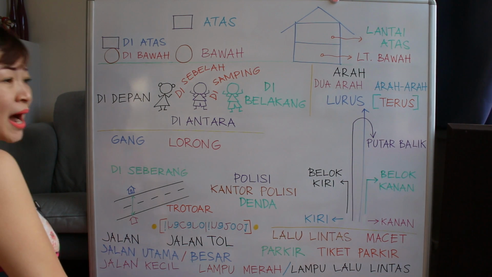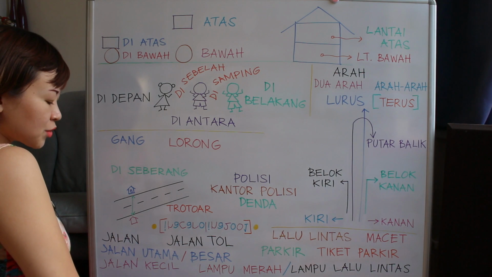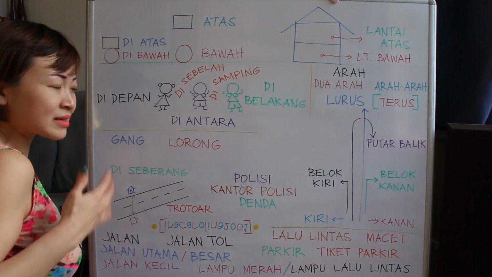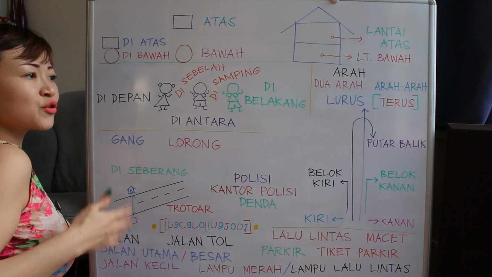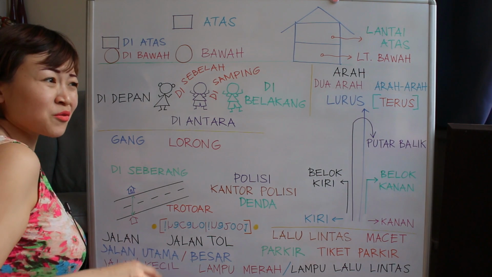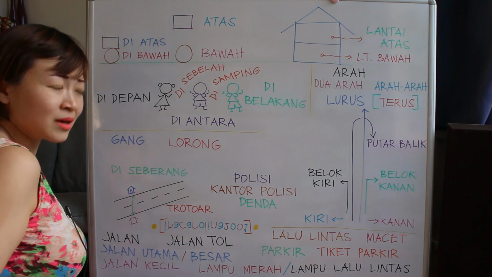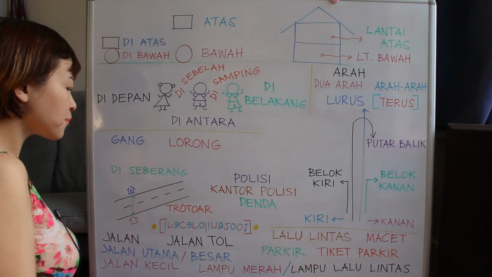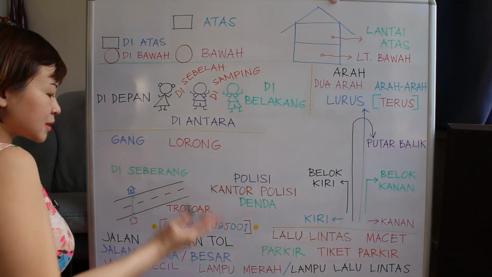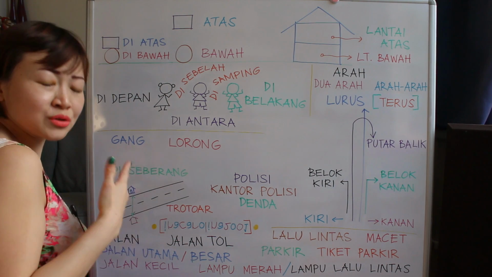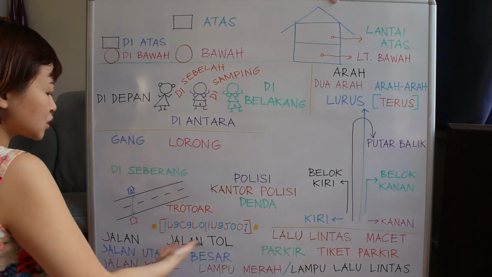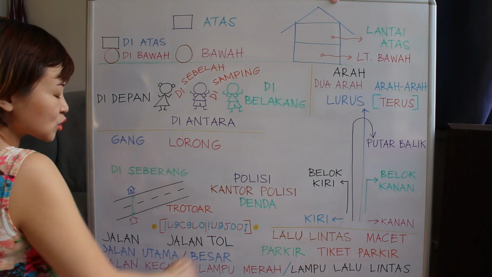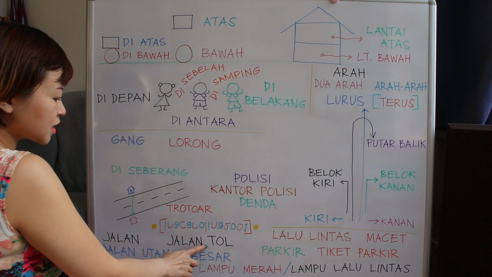And for highway, at least as far as I know, we don't have a free highway. We always have to pay for the highway. That's why our Indonesian highway is always jalan tol. Don't forget the space here.